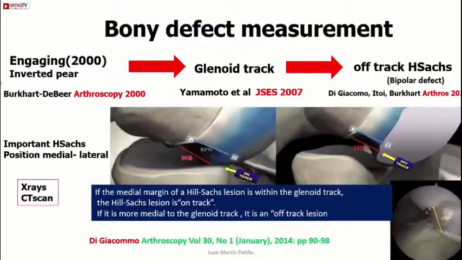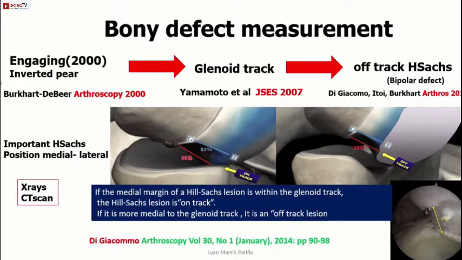Our understanding of bony defect measurement has evolved since 2000, when Burkhart and De Beer talked about the inverted pear. In 2007, Yamamoto and colleagues explained the glenoid track concept, and in 2014, Di Giacomo and colleagues explained the on-track and off-track Hill-Sachs lesions, taking into account the bipolar defects.